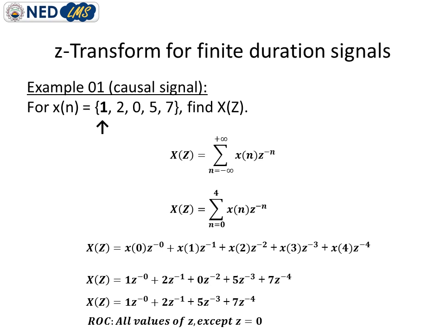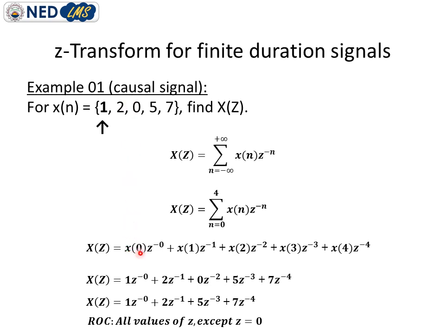As you can see in the slide, I have expanded the expression in this step from x of 0 to x of 4, and similarly z raised to power minus n is also replaced by the same value of n. So after expanding the expression, in the next step we are going to put the actual values of samples which are provided to us in the question.